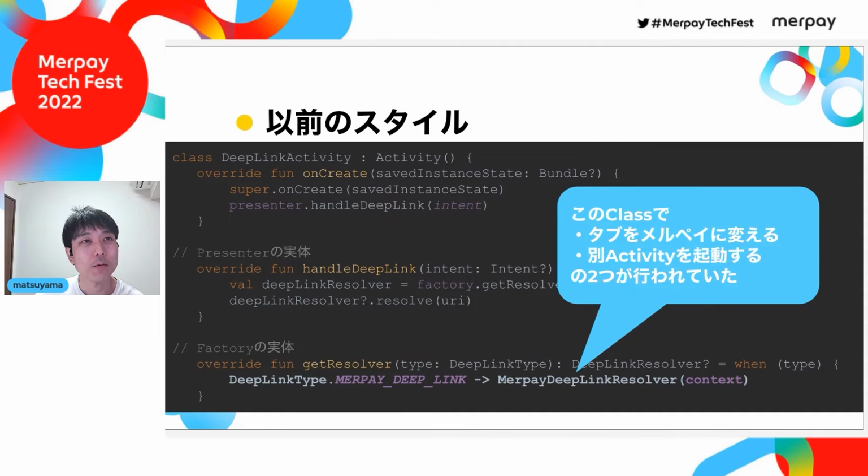At the destination of this resolver, it switches the tab to Merpay or launches another activity that hosts Merpay functions. The important thing to remember is that the Merpay deep link was integrated as information and that the Merpay functions were basically separate activities.